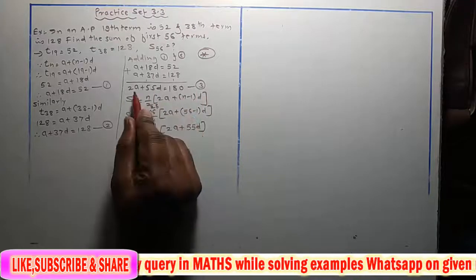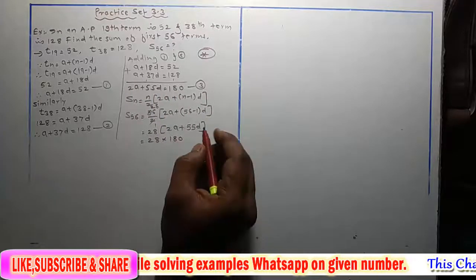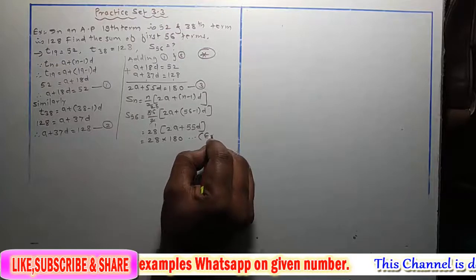From equation 3 we have the value for 2a plus 55d, that is equal to 180. Okay, so here we write, reason: from 3.